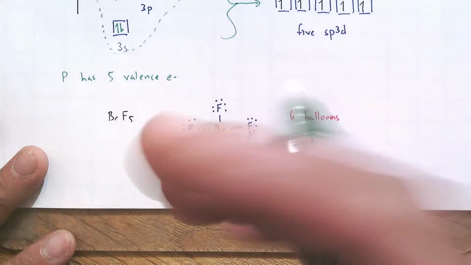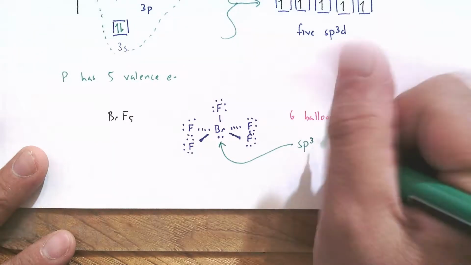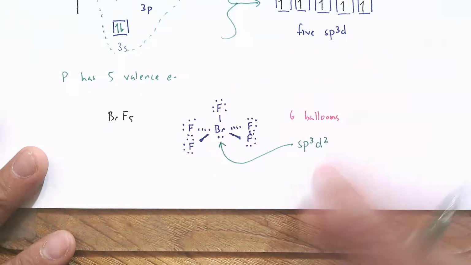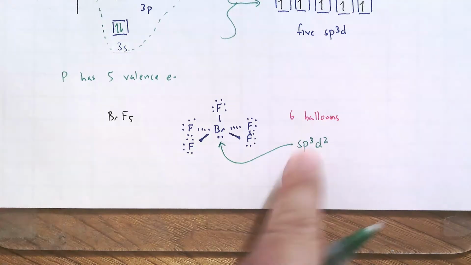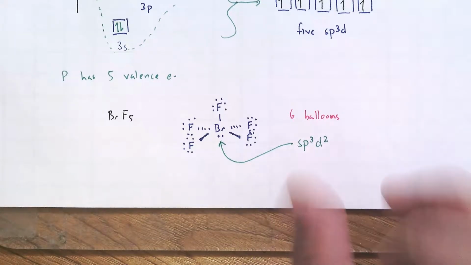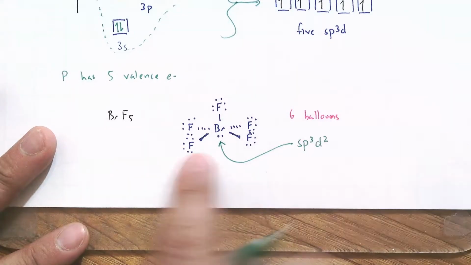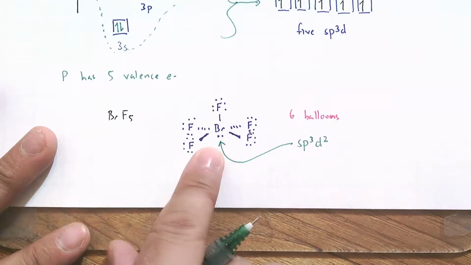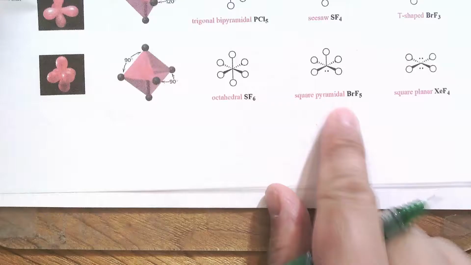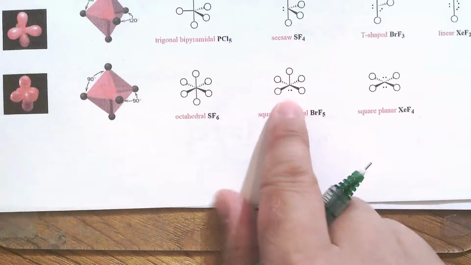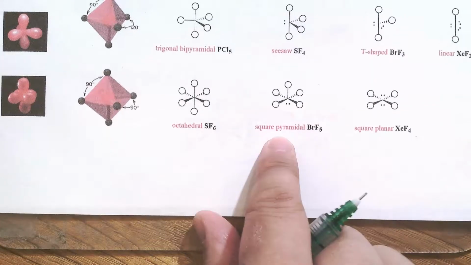We have no p orbitals left over, so we've got to go to the d orbitals. And the Br has access to d orbitals: sp3d2. 6 balloons: s, p, p, p, d, d. I mixed 6 atomic orbitals to get 6 hybrid orbitals. Those 6 hybrid orbitals spread out in such a way that the electron domain is octahedral. So that is in the octahedral family. The electron domain is octahedral, but because we have 1 atom missing, this shape is square pyramidal.